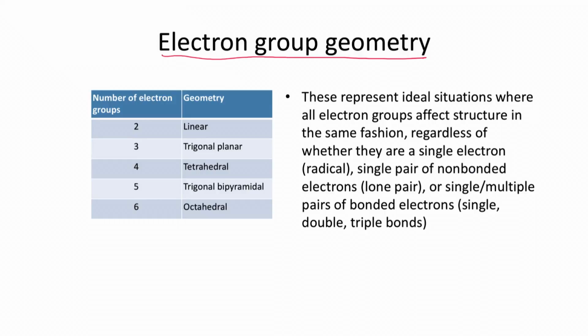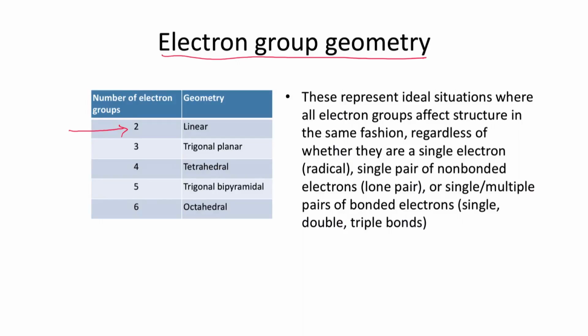If I only have two electron groups, this basically means that I only have two pairs of electrons. Let's pretend that my torso here is the atom in the middle, which we're going to call the central atom, and over here is one pair of electrons, and over here is another pair of electrons. My arms represent the bonds between these atoms.